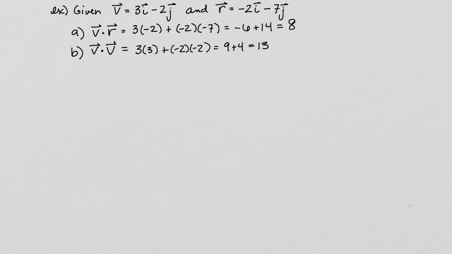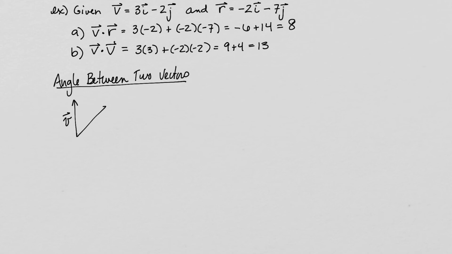So there's one more thing from this section, and that is finding the angle between two vectors. So if you have one vector here, we'll call it v, and I have another vector here, we'll call w.